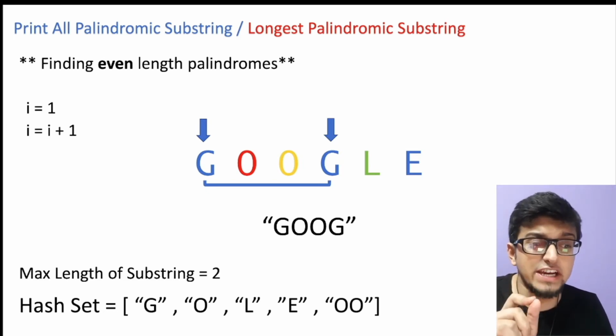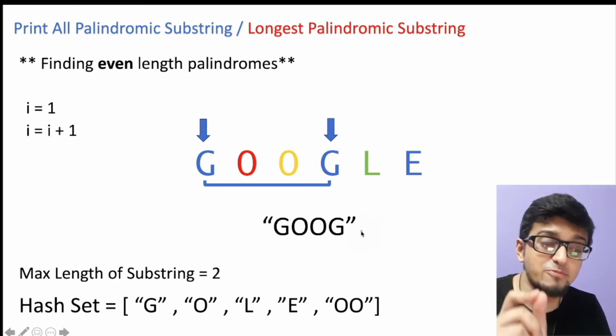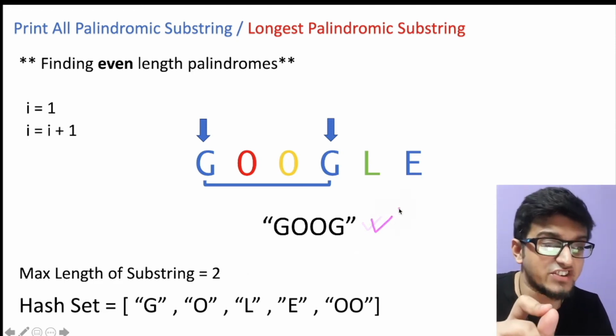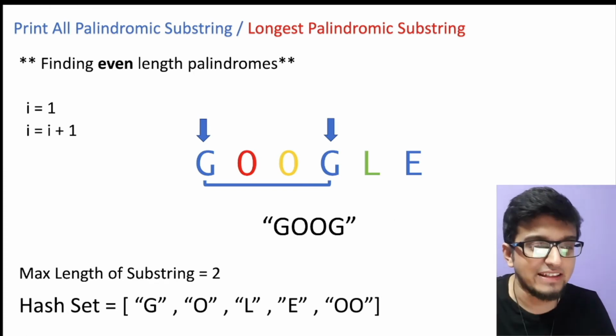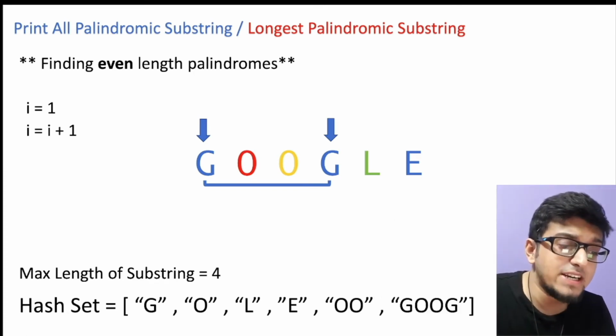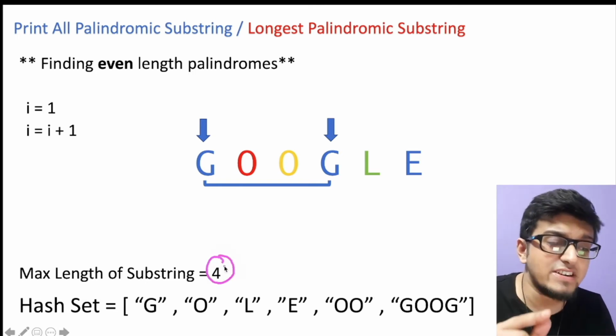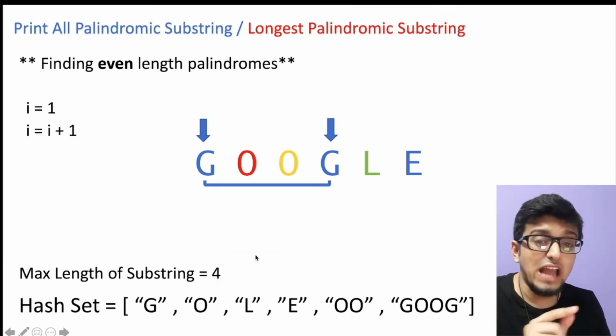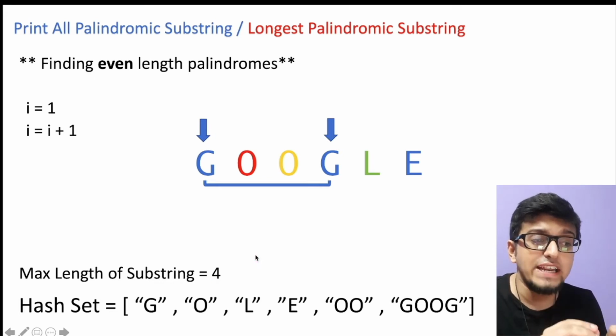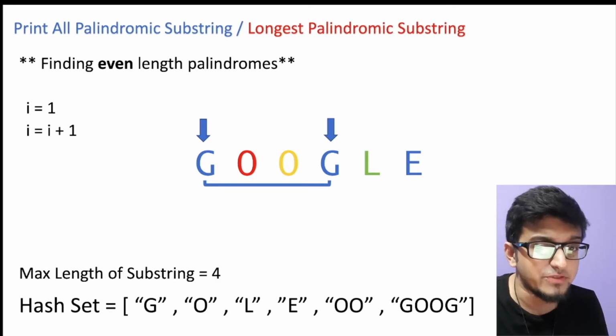And if you look carefully, this is also a substring which is palindromic in nature. And thus we will also be putting this value into our hash set, and also we will be updating the maximum length of the palindromic substring to 4. So you can see how easily we have solved this problem of finding the maximum palindromic substring.